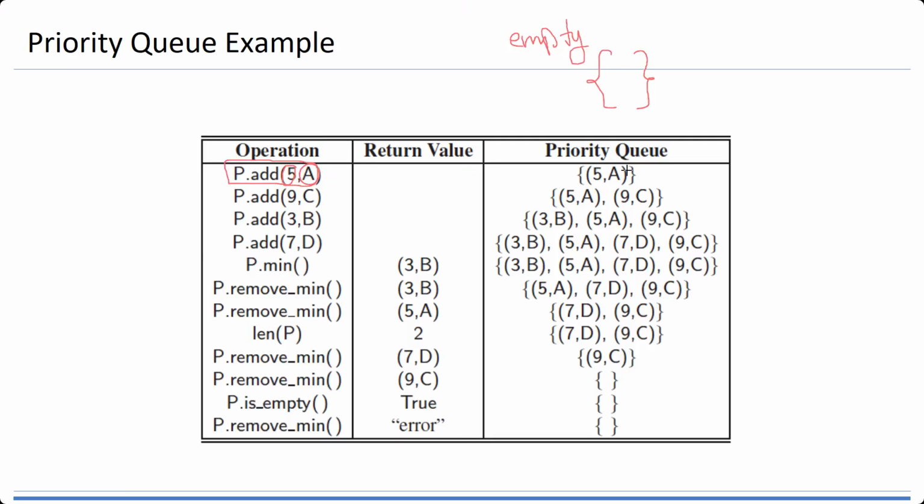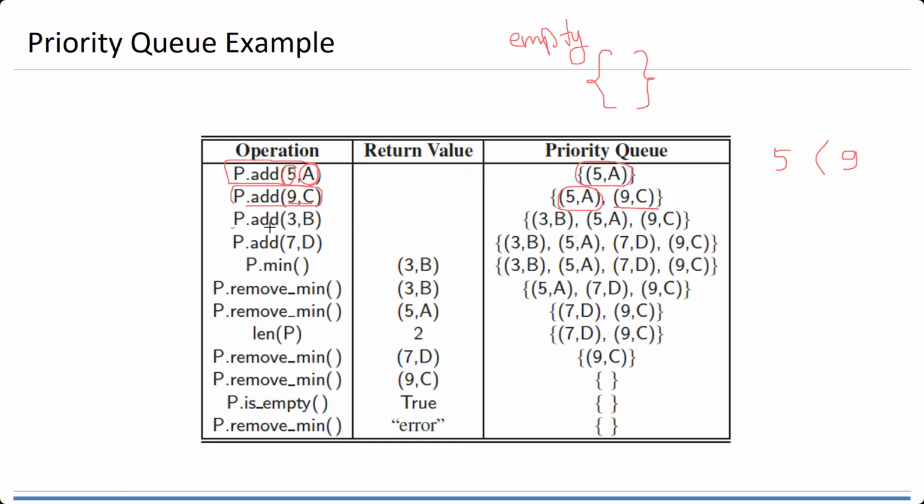Then in the priority queue, I have 5 comma A. And then I'm going to add 9 comma C. So I have 5 comma A, and then I need to check 9 comma C. 5 and 9, where is the position? Okay, I know that 9 is higher than 5, so I put 9 after 5.